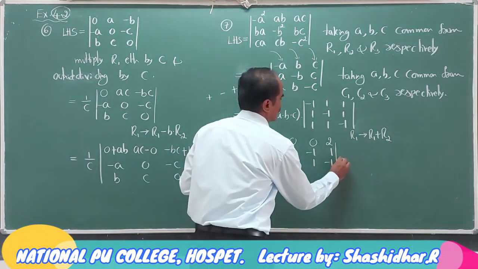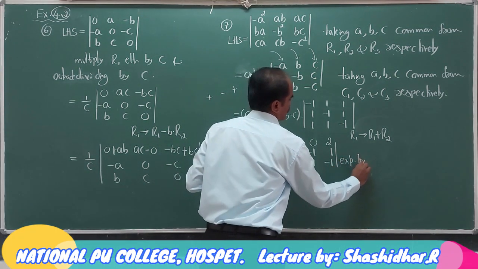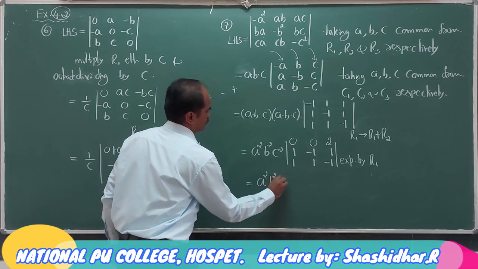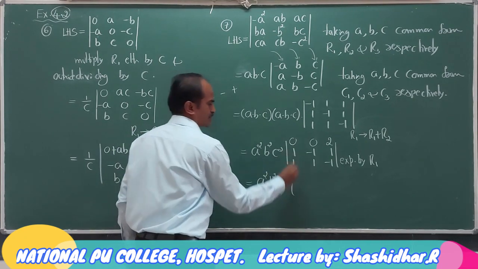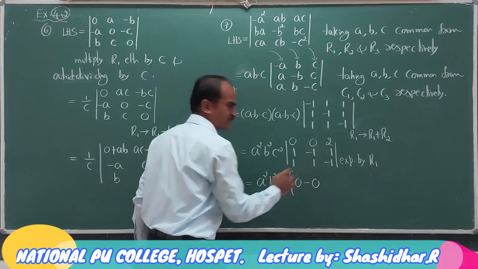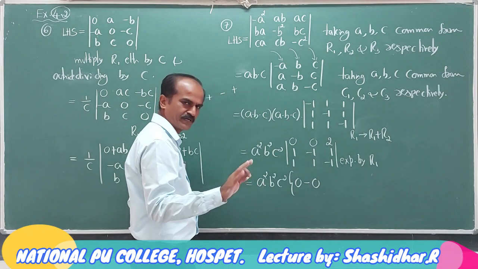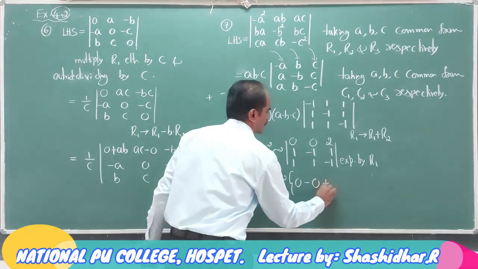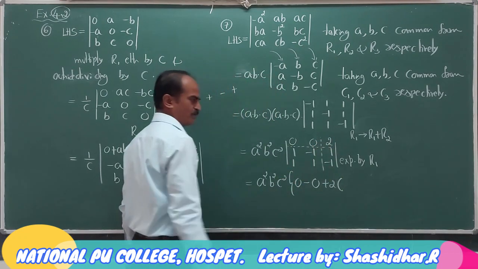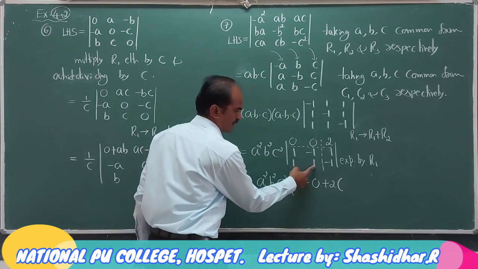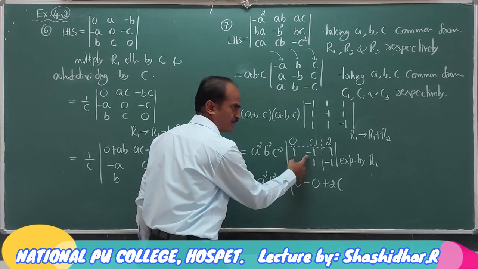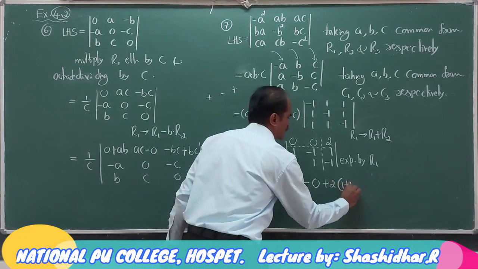Now expand by R1. That is A square, B square, C square into first element 0 multiplied by 2 determinant 0, minus second element 0 followed by 2 by 2 determinant vanishes, plus 2 into, now leave first row third column, it is 1 into 1 minus of 1 into minus 1, minus of minus 1 plus 1, so it is 1 plus 1.